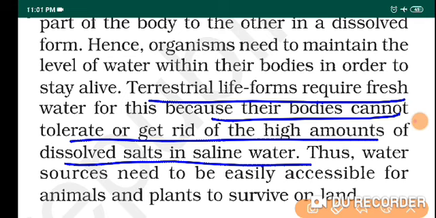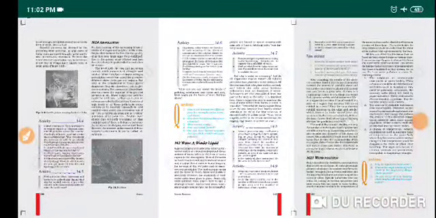There will be a question of survival. Is that point clear? Because their body is not used to it. So water becomes a very important medium for animals and plants to survive on the land. Is that point clear? So this is regarding the importance of water in the body.